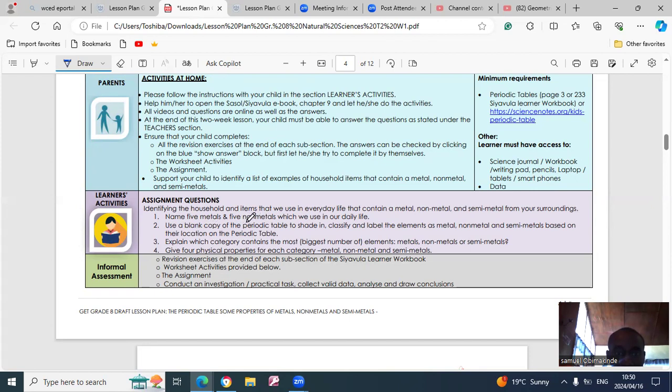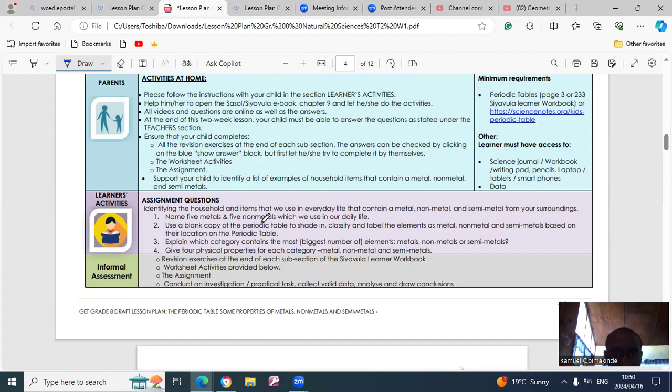Then when it comes to non-metals as elements, very good examples of non-metals that we use every day would include oxygen, right? We use oxygen for our metabolic activities.